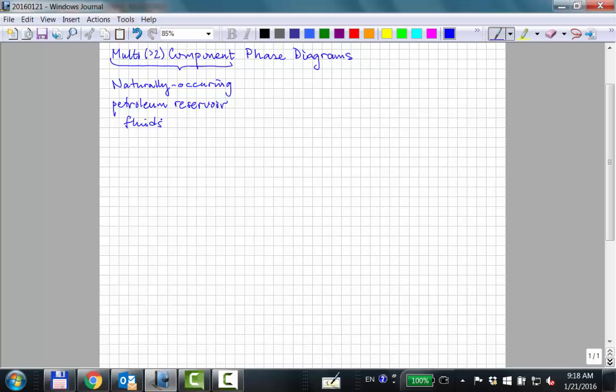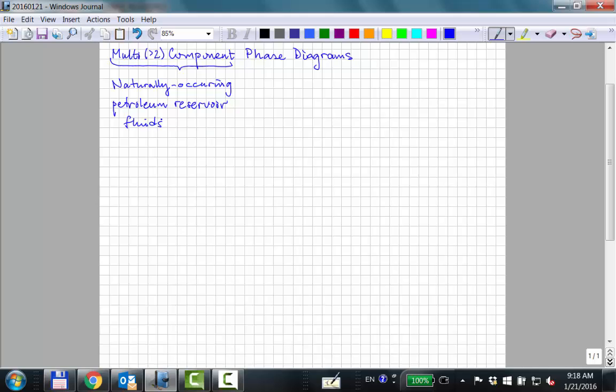these naturally occurring reservoir fluids will typically consist of, certainly in the very simplest case, 10-20 components. That would be a very simple, very boring kind of gas.